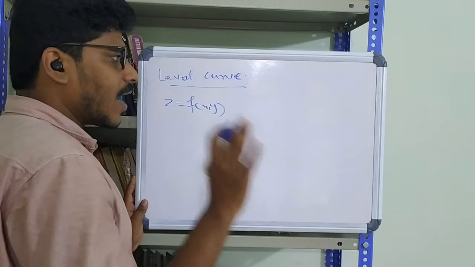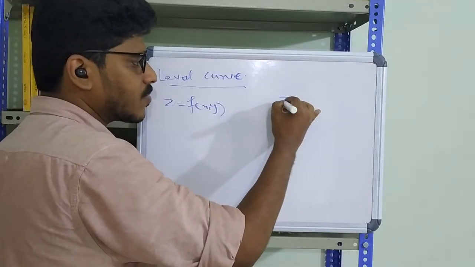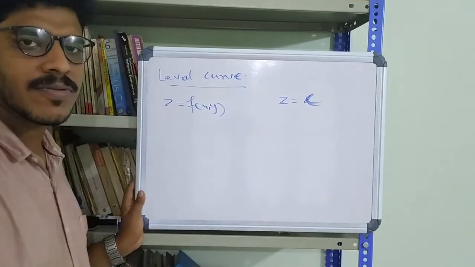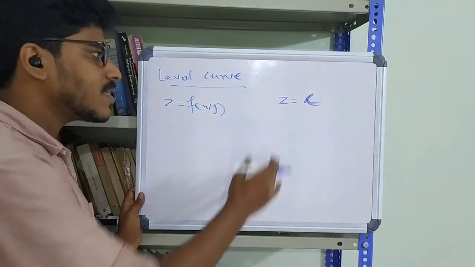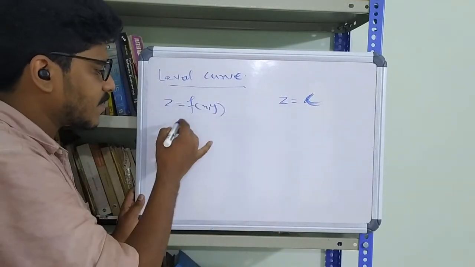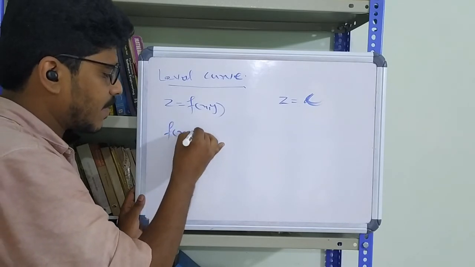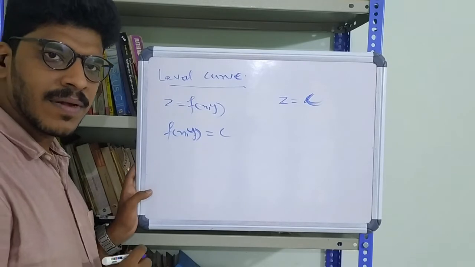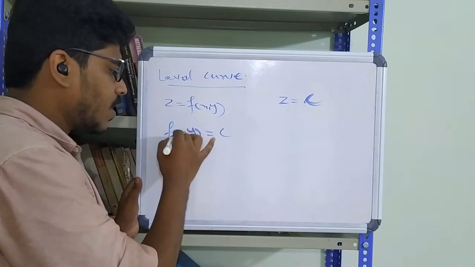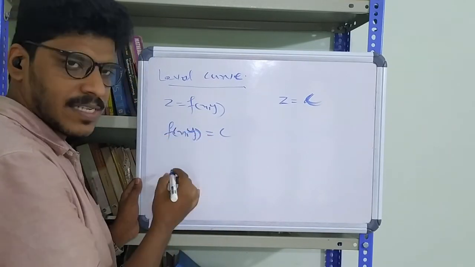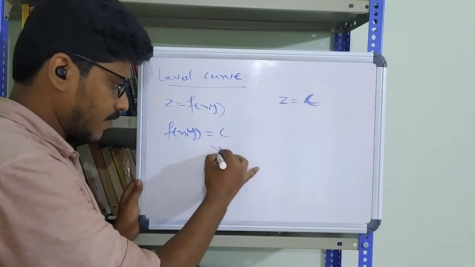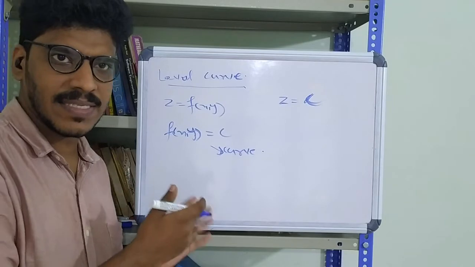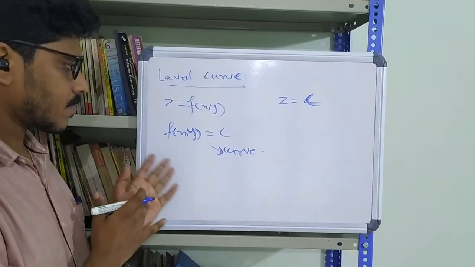For instance, I fix z equal to a constant, say c. Using that value of z, I can rewrite this function as f of x, y equal to c. If you try to draw the graph of this function, you will get a curve.